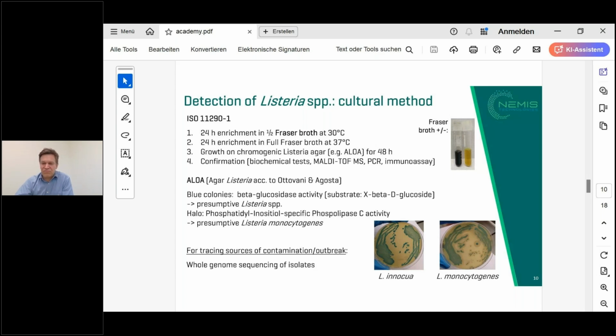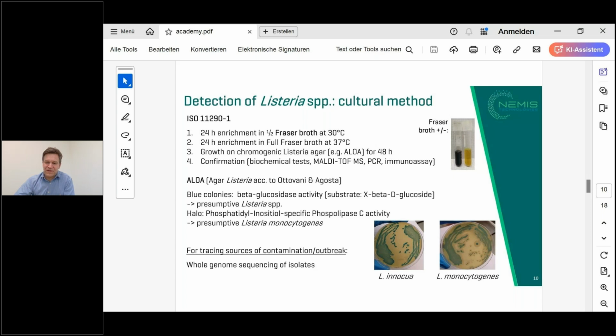And if it's a sample without any Listeria, or without any bacteria, or sterile, this broth will stay yellow. And then the ISO method calls for, once you have colonies with the typical color observed, it's only presumptive, and then you need to do a confirmation by either biochemical test, MALDI, PCR, immunoassay, and so on.